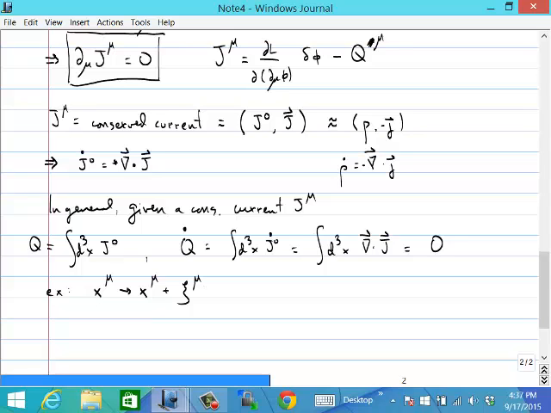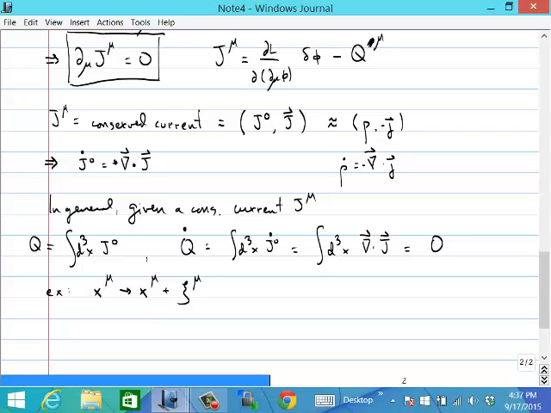Let's do them all at once. So let's investigate a theory which has space-time translation symmetry, as all the theories we'll study in this class will have. You can imagine moving either in the time direction or the space direction and getting either a conserved energy or a conserved momentum out of this.